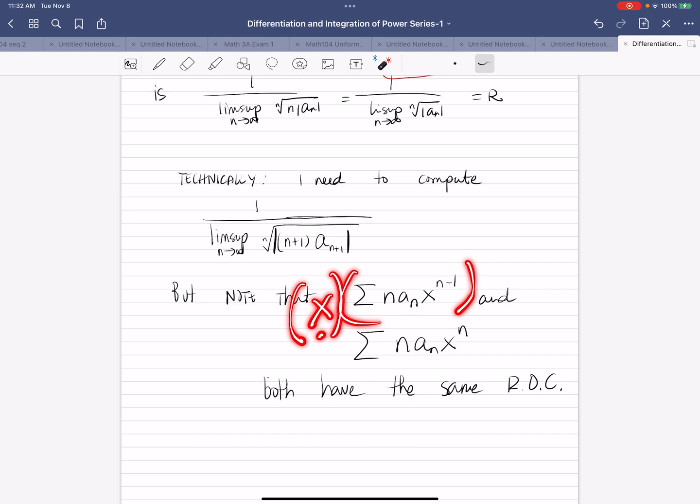So when you multiply a power series by a polynomial or any other power series with an infinite radius of convergence, the resulting radius of convergence of that product is going to be the radius of convergence of the original function. Okay, so that's why it's okay for us to use just n a sub n as opposed to n plus 1, a sub n plus 1.